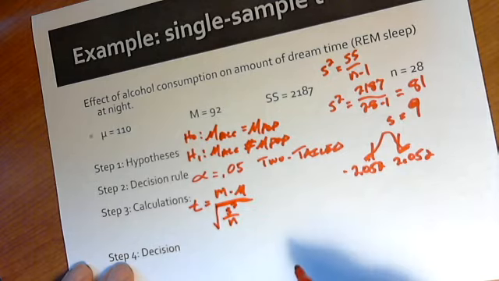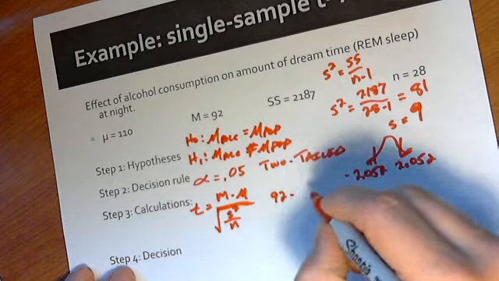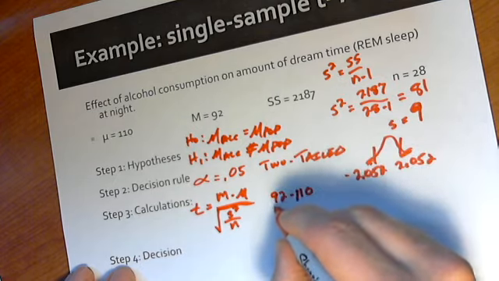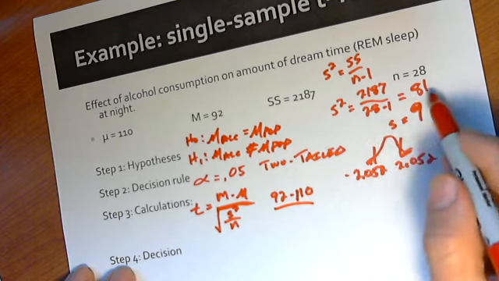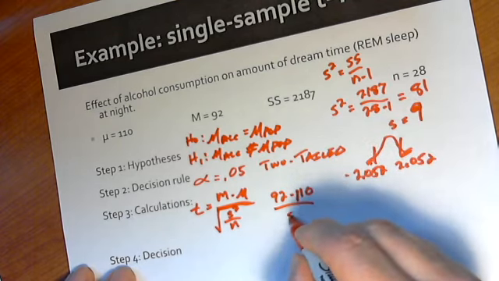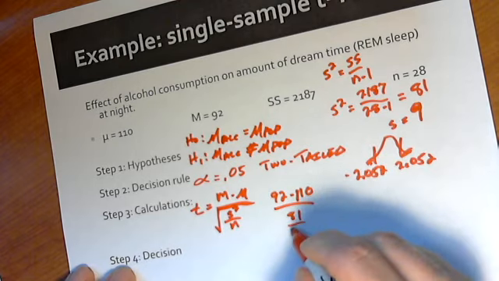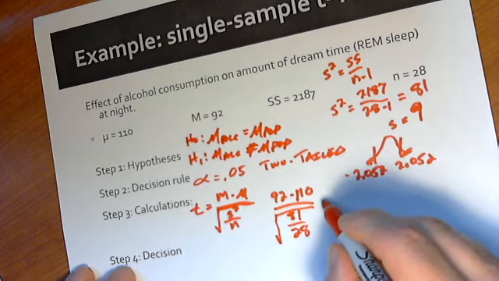Okay, so for us in this case, our sample mean is 92 minus the population mean of 110, divided by, we figured out the variance to be 81, divided by n, the sample size of 28, and then we'll get the square root of that.